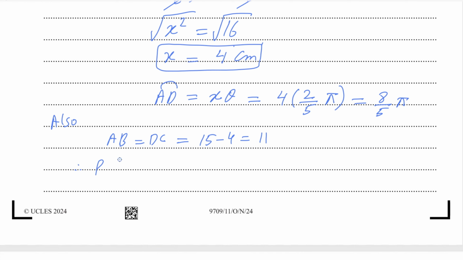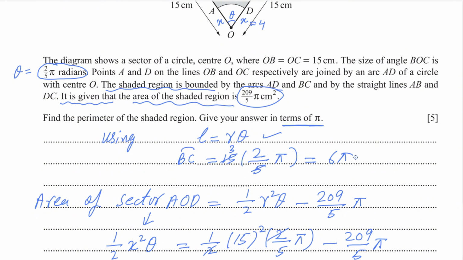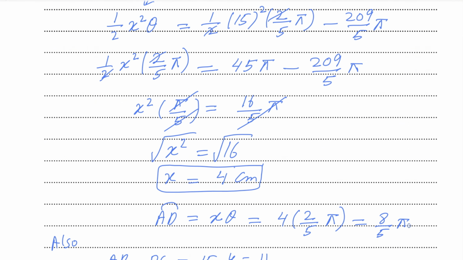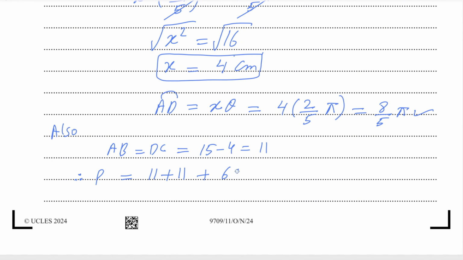Therefore, for the perimeter we add up all these sides. We have AB and DC, so 11 plus 11. Also you need to add the arc lengths: arc length BC is 6 pi and the other arc length is 8 over 5 pi, so 6 pi plus 8 over 5 pi.